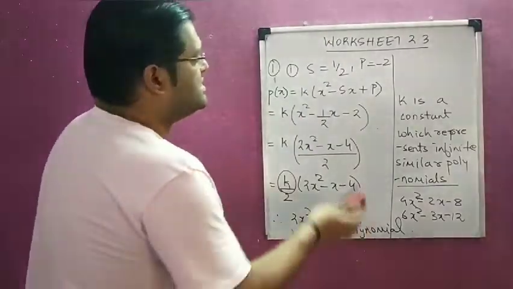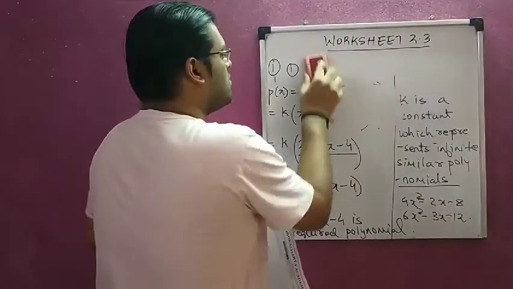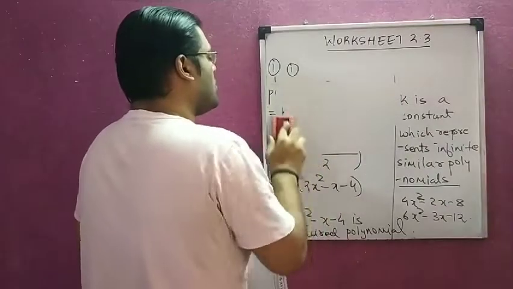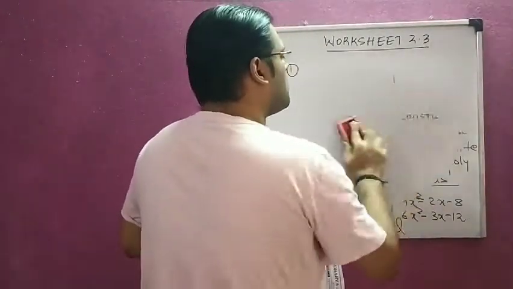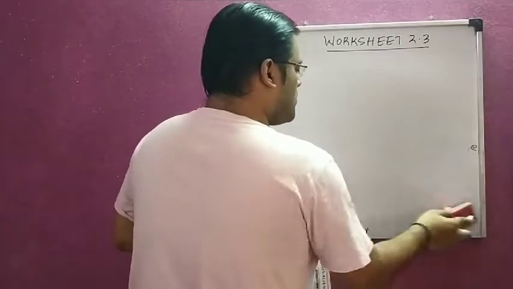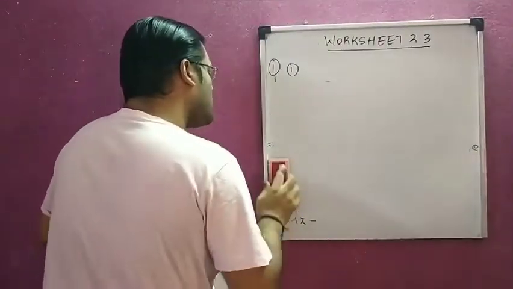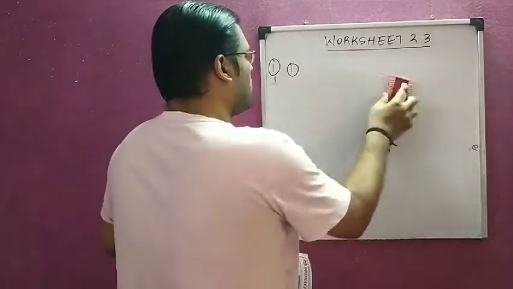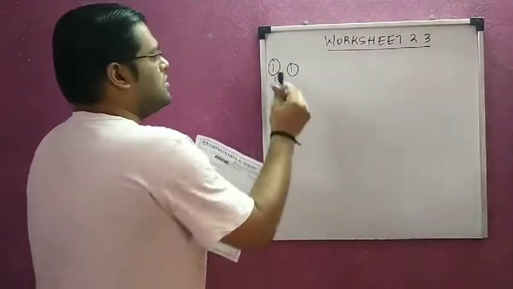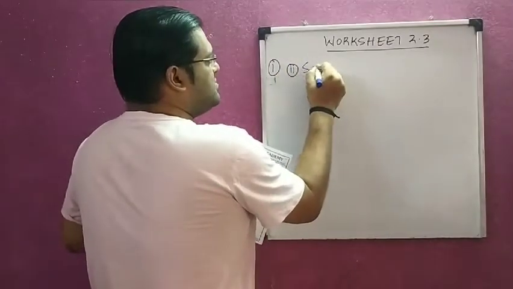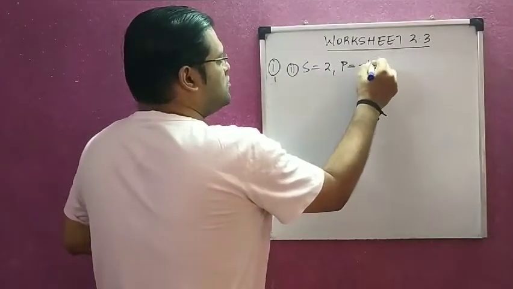Okay, proceed with the second sum. In the second sum, s is equal to 2, p is equal to minus 4.